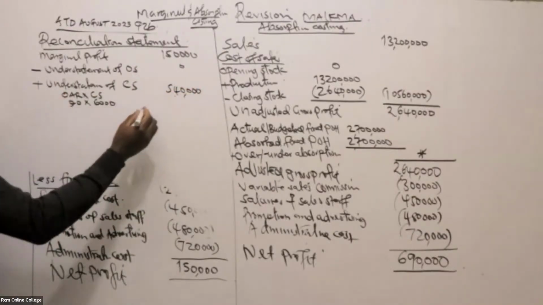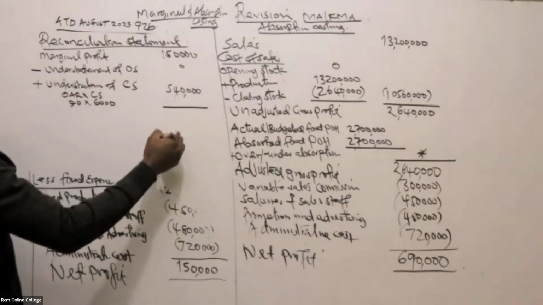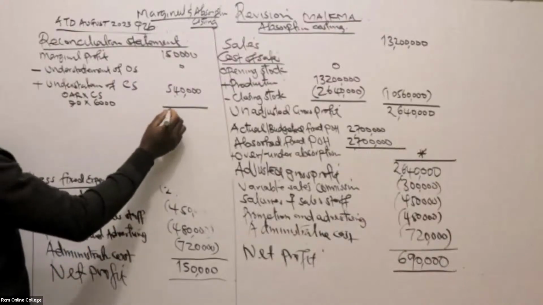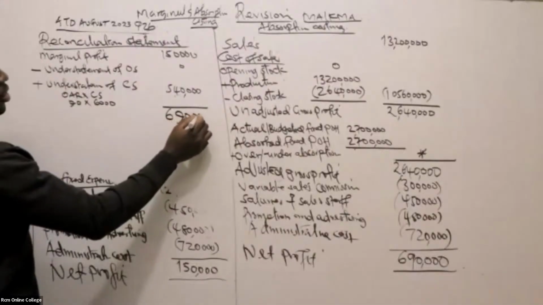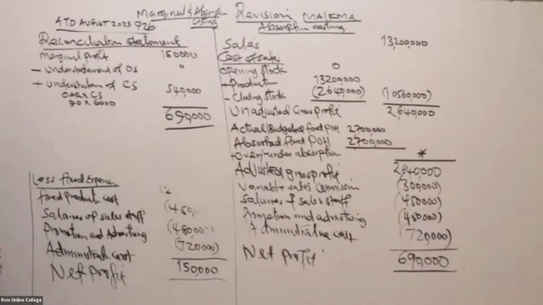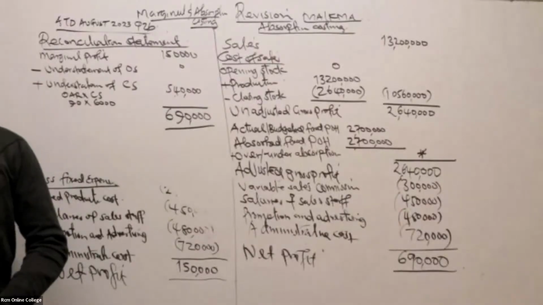Remember, we are adding. So when you add, what are you getting? 150 plus 540 will give us 690,000. Did you manage to get this 690,000 anywhere under the two methods?